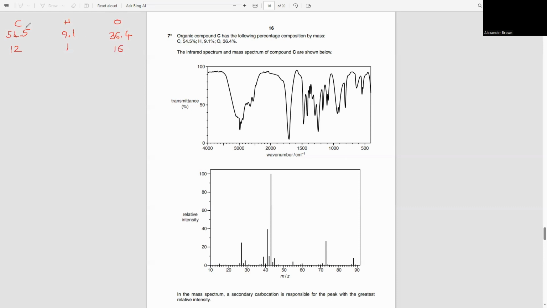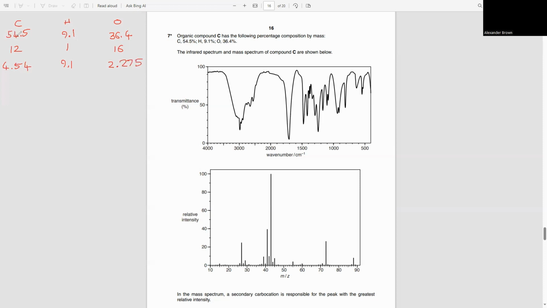So 54.5 divided by 12 is 4.54. Hydrogen, 9.1% divided by 1, is 9.1. And 36.4 divided by 16 is 2.275.